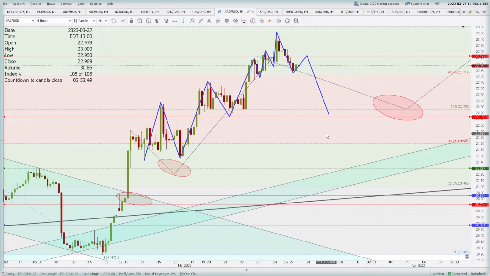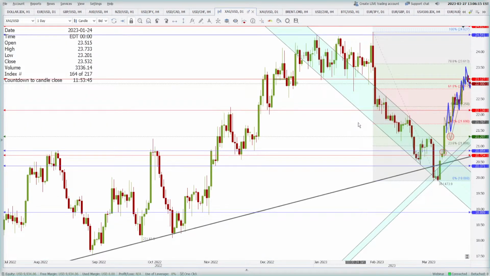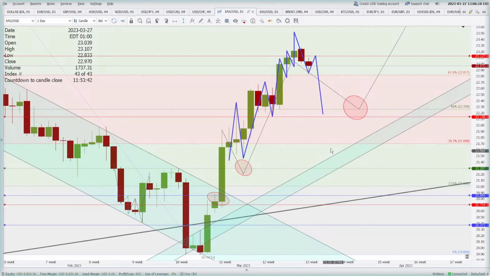But this may not be a reversal to the downside, because on the daily chart, if you see, we don't have this price action.